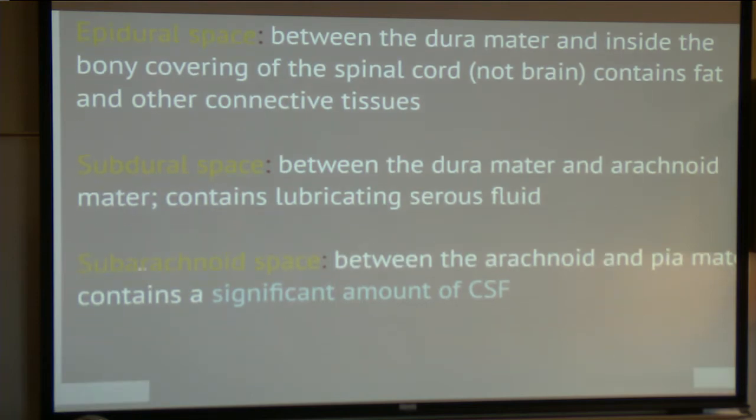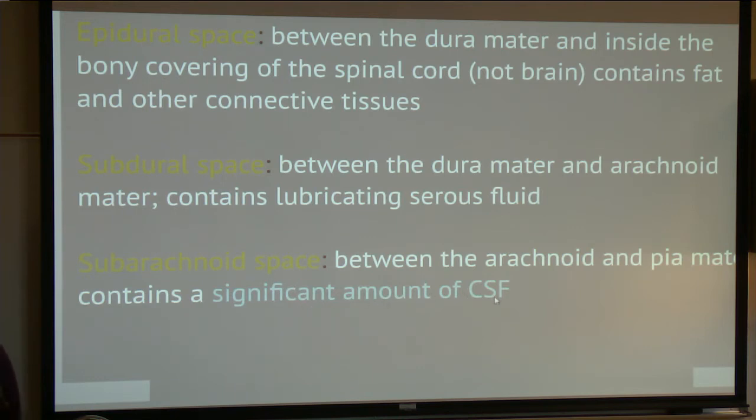And then you have subarachnoid space, and this is the most important of the three. Subarachnoid space means beneath the Arachnoid Mater, so that's between the arachnoid and the pia mater, a space filled with CSF. Your subarachnoid space is filled with cerebrospinal fluid.